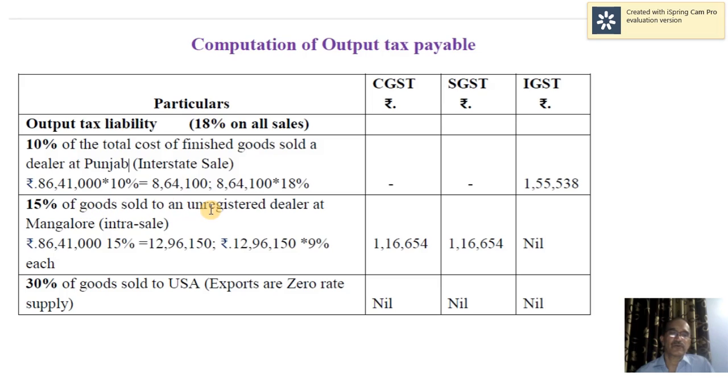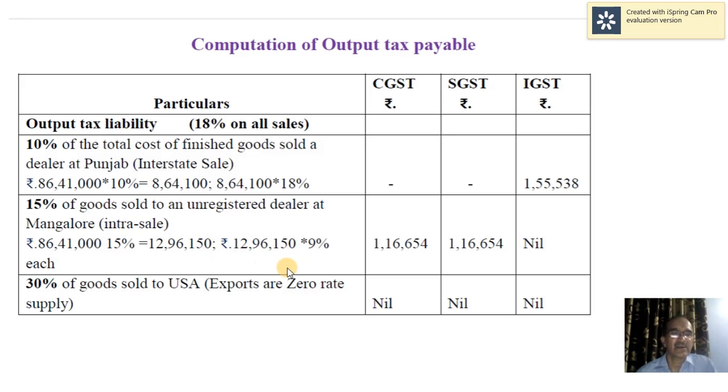15% goods sold to an unregistered dealer at Mangalore. Mangalore is in Karnataka only, so intrastate sale. So 86 lakh into 15%. So you will get 12,96,150.